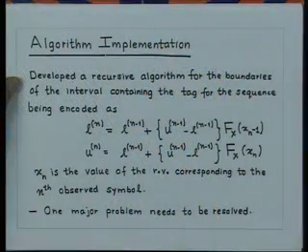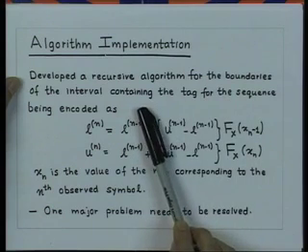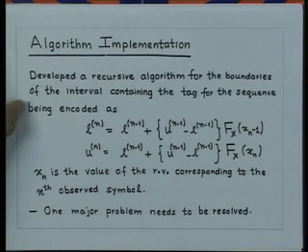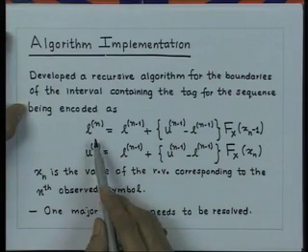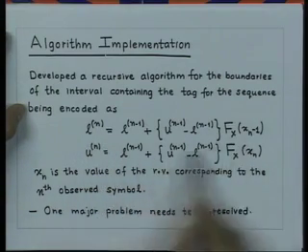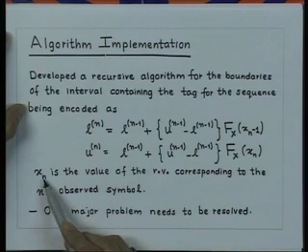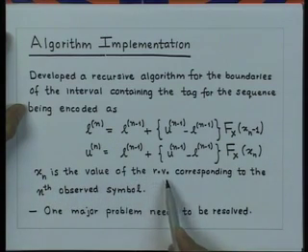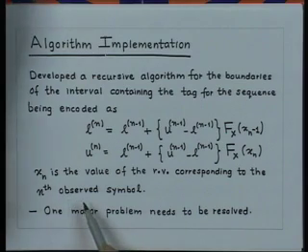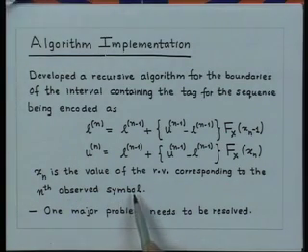So, let us look at the algorithm implementation for the arithmetic code. We have developed a recursive algorithm for the boundaries of the interval containing the tag for the sequence to be encoded, as given by these expressions shown here, where xn is the value of the random variable corresponding to the nth observation symbol.